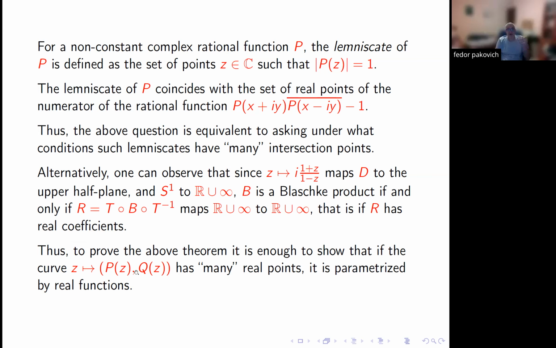Under this approach, you should show that some curve has many real points if it is parameterized by real functions. It's relatively easy because you can consider the intersection of this curve with its conjugate, and the rest continues.